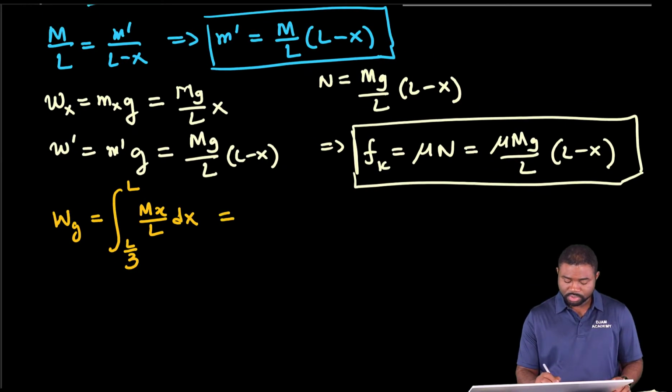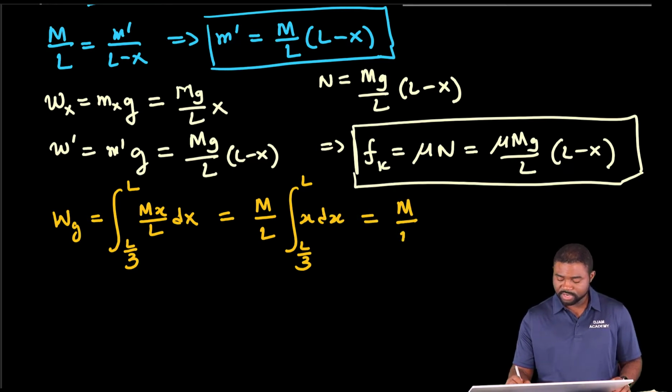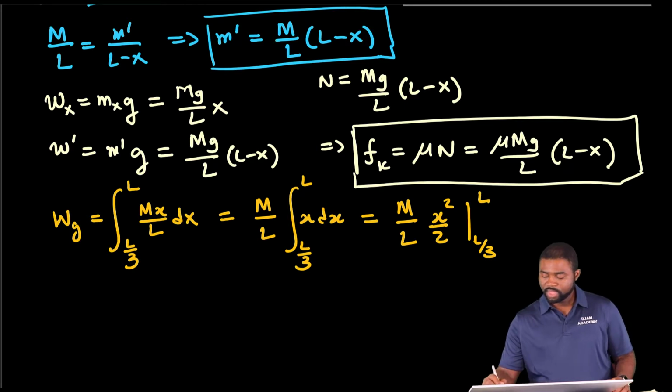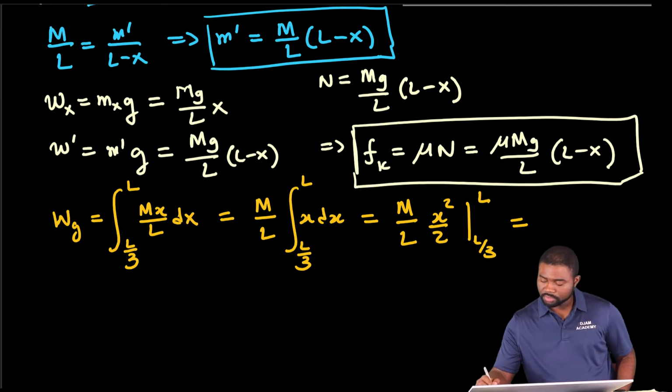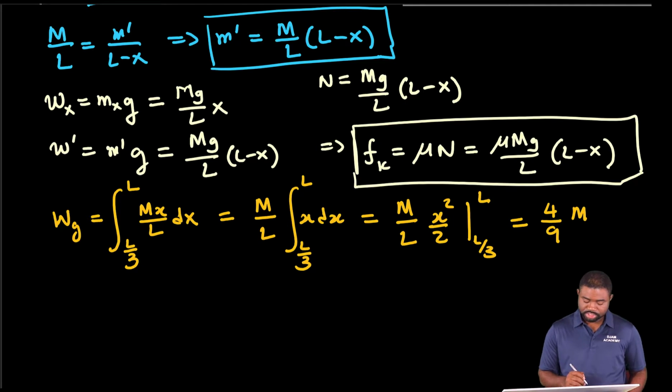So this will be equal to M over L, the integral from L over 3 to L of x dx, which is equal to M over L, x squared over 2 from L over 3 to L. If you calculate this, your answer will be equal to 4 over 9 M. There's a G somewhere.